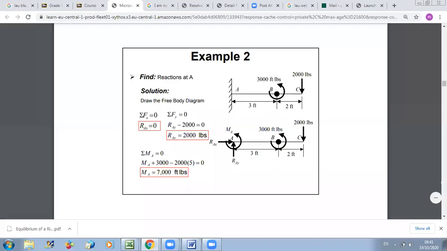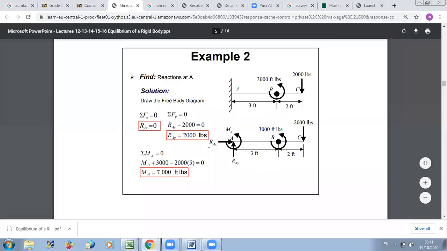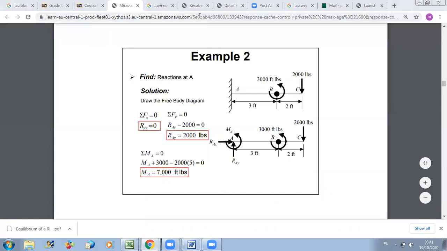So we were saying that another possibility to find MA is to do sum of moment about B. Okay, so we will write the equation here. If we do sum of moment about B equals 0, and you choose counterclockwise as positive, what equation will this give me?